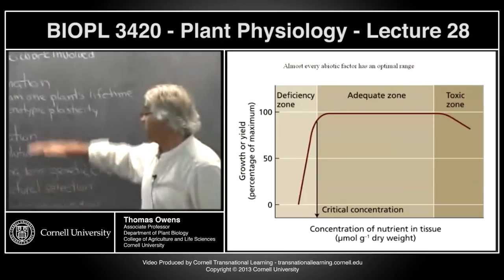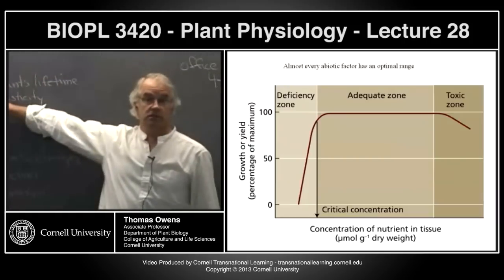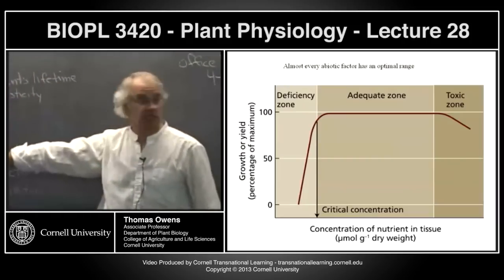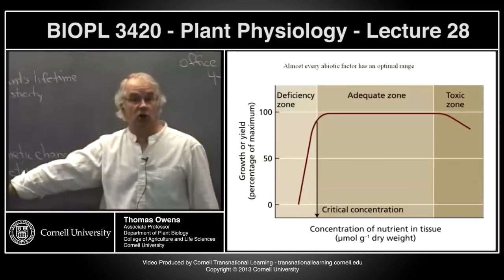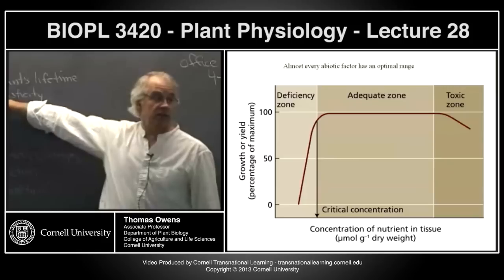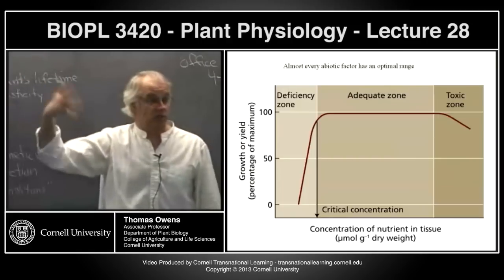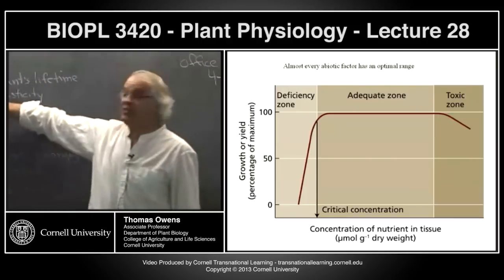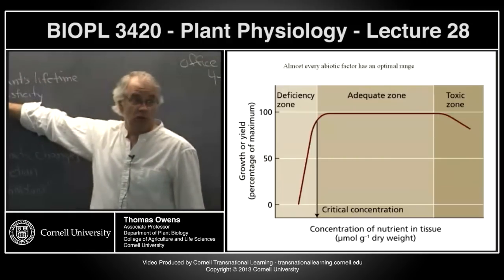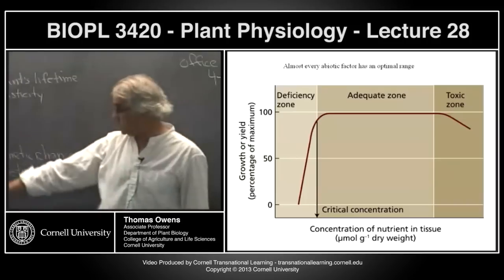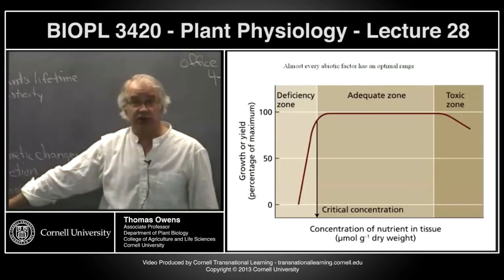So, are these two separate things? In a sense, yes, because this is something that takes a long time to develop. Does this take a long time to develop? No, it can be expressed within one generation. But the ability to show that phenotypic plasticity is an evolutionary adaptation, right?